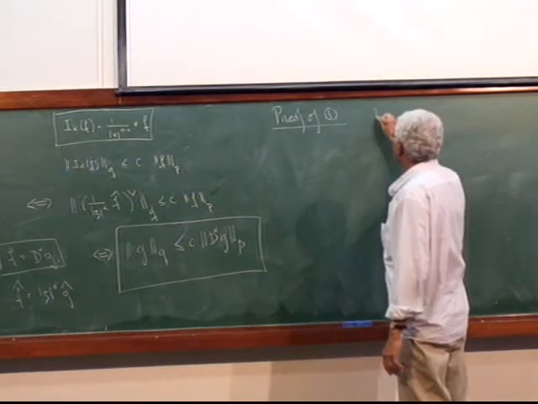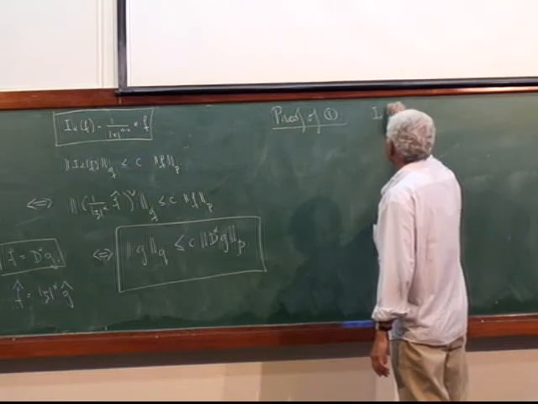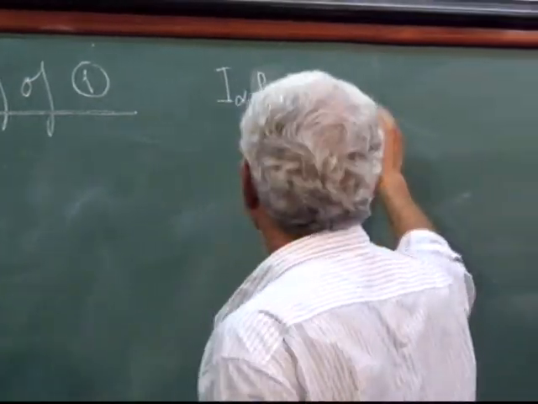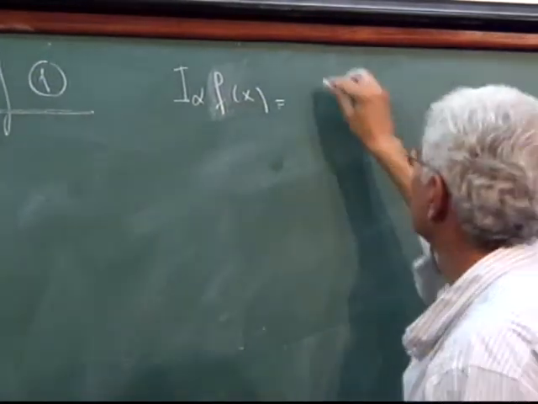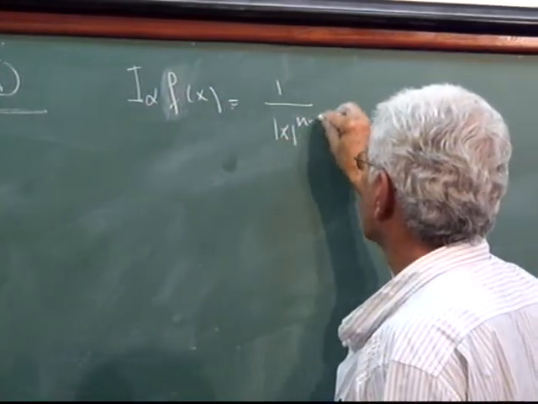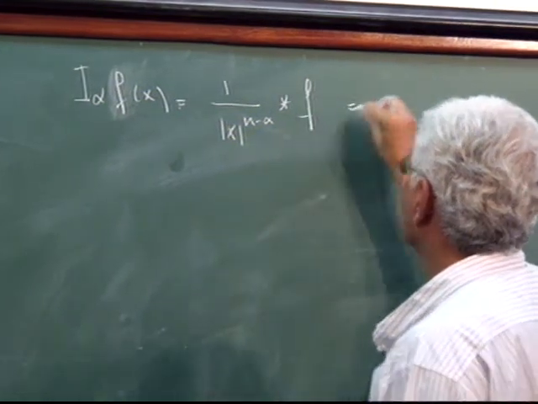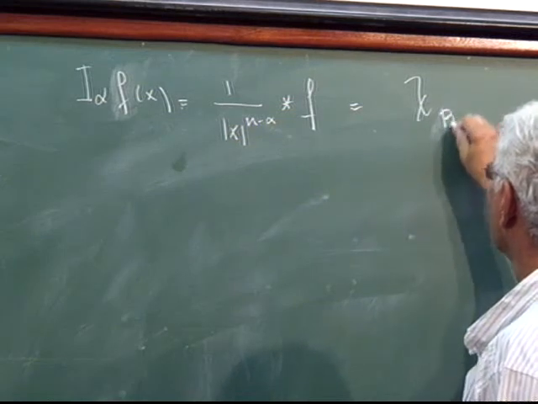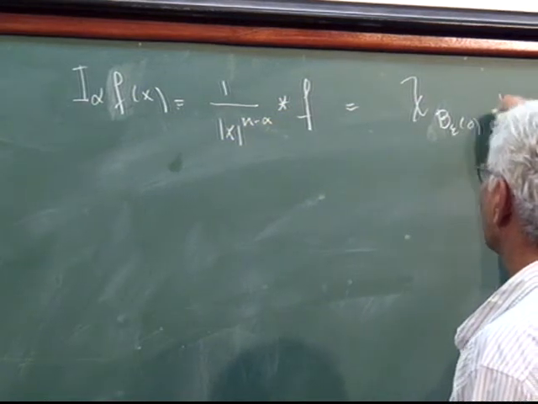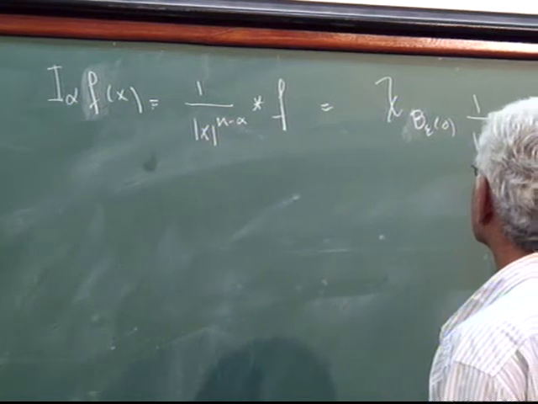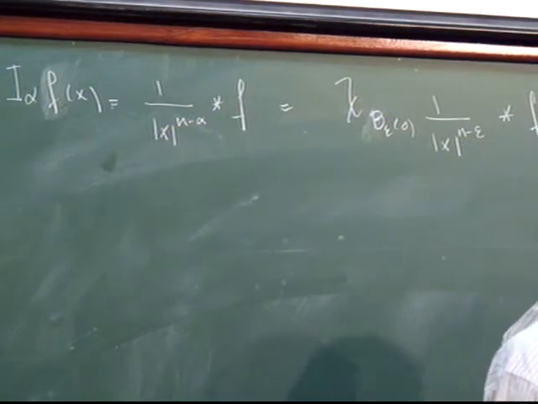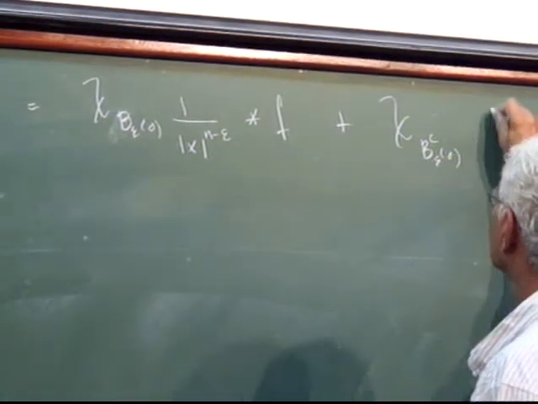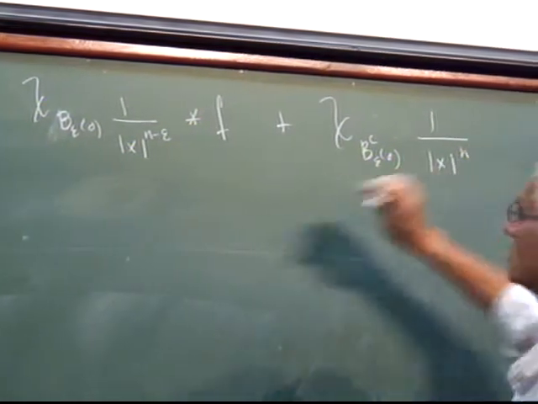Okay. I alpha of f is just the convolution. All the constants will be 1. |x|^(n minus alpha) convolution with f, that is equal to the characteristic of the ball of center 0 and radius epsilon, this, plus the characteristic of the ball complement, 1 over |x|^(n minus alpha).